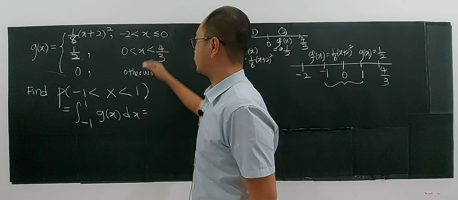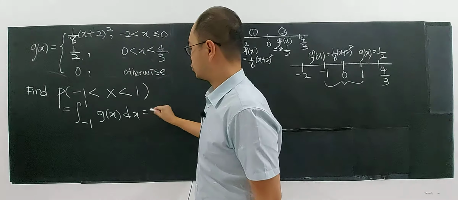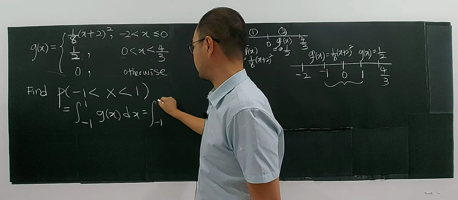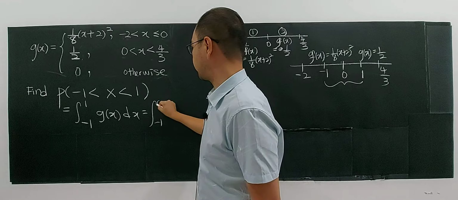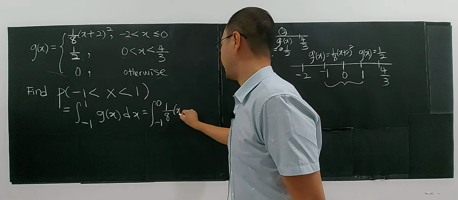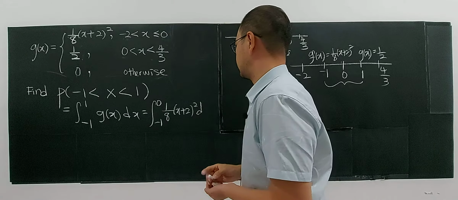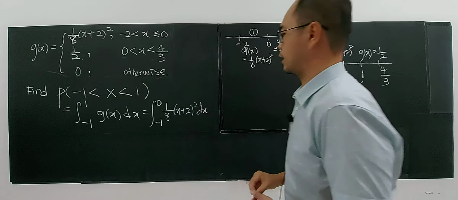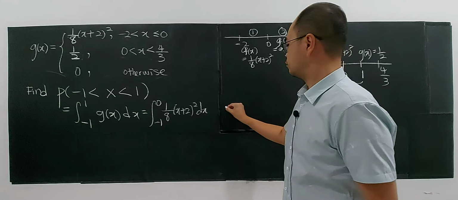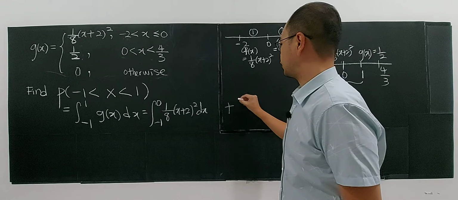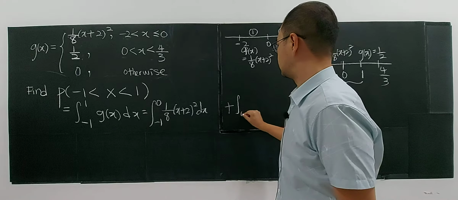Because there is a change of function, I have to integrate from negative 1 up to 0 first, where the function is 1 over 8 times (x plus 2) to the power of 2 dx.